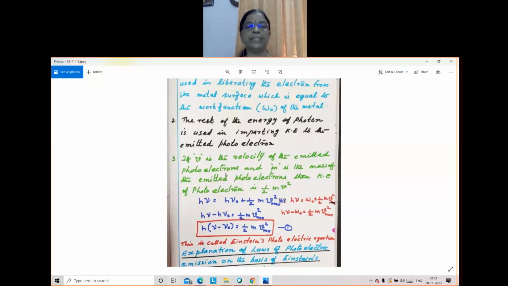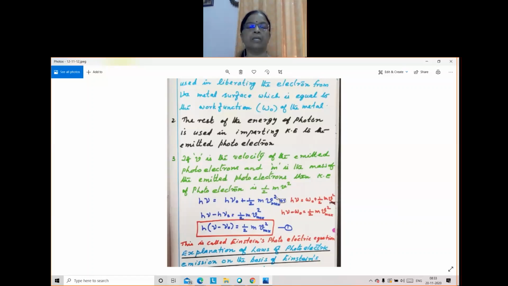So here, h nu is the energy of the incident radiation. From that, how much energy will it take for the electron? That depends on the work function of the metal. From that, h nu 0 will be taken to eject the electron, because the incident energy is greater than the threshold energy. The remaining energy will be in the form of kinetic energy, half m v max square.